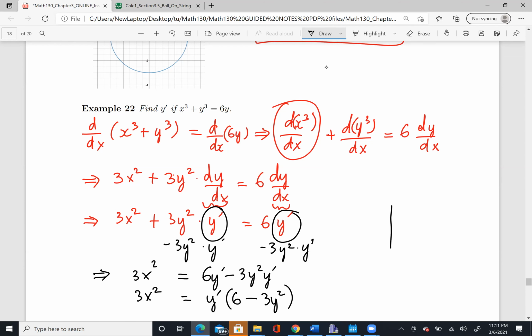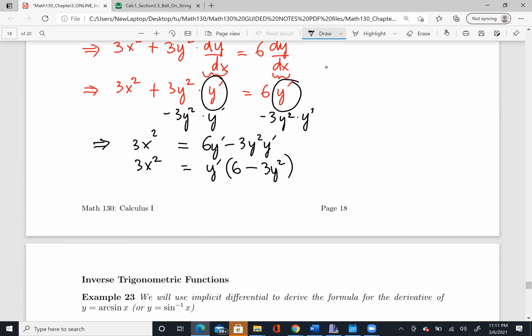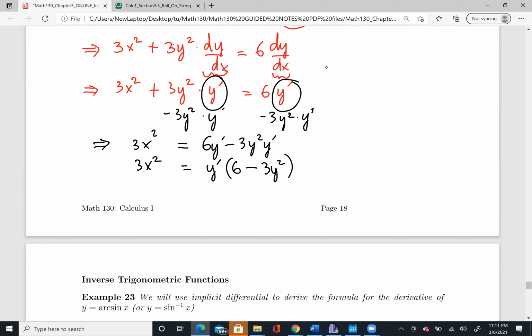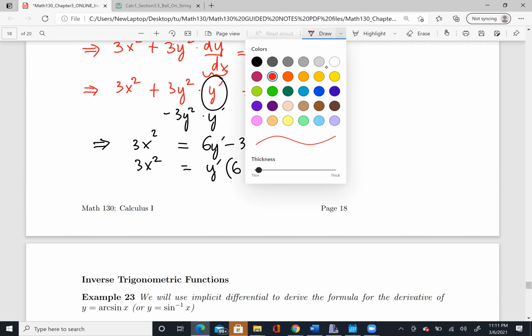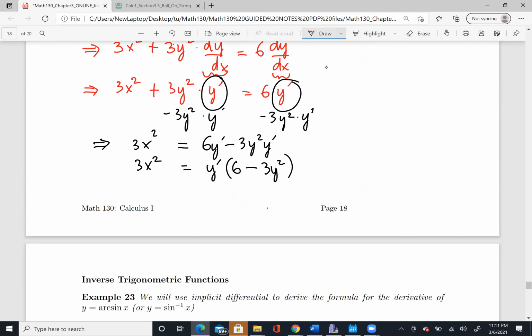And lastly, you're going to divide both sides by 6 minus 3y squared.